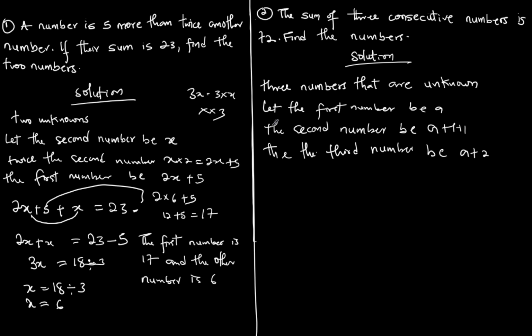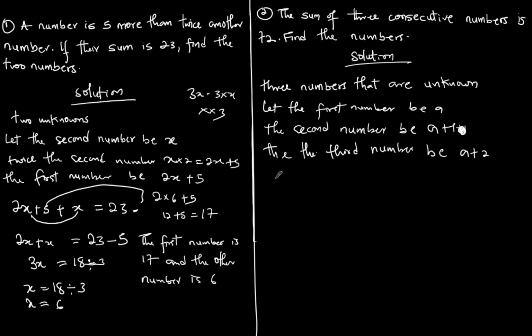So we have 3 consecutive numbers. The first number now is A. The second one is A plus 1. And then the third is A plus 2. But we were told that it is the addition of the 3 of them that equals 72.